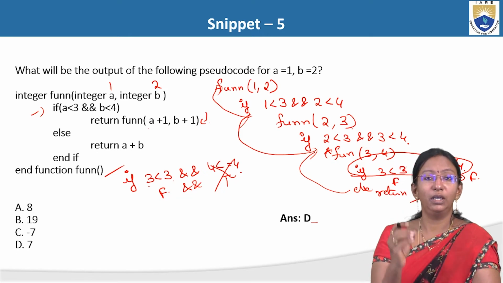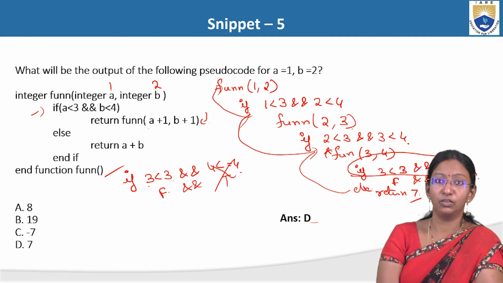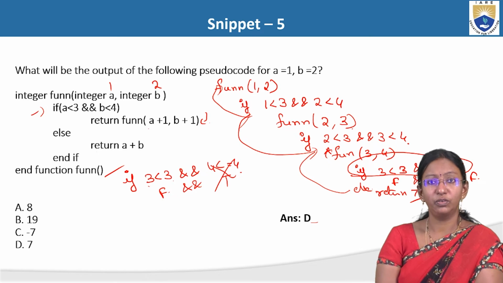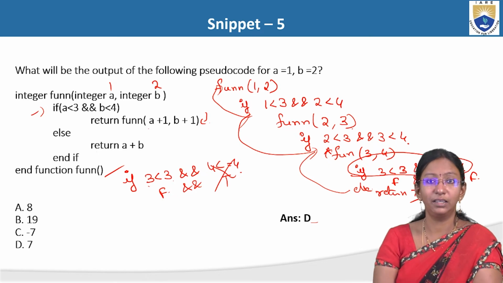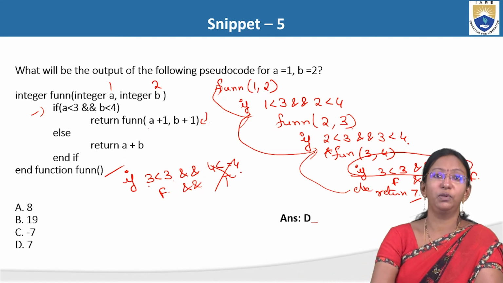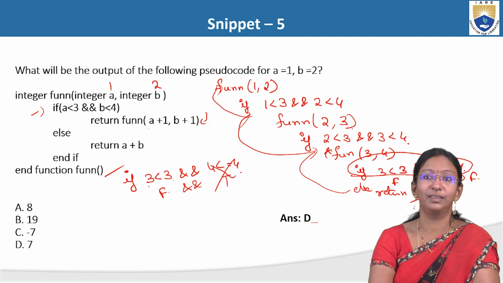So in logical AND operators, if it is concatenated between more than one condition, at any ith condition, if it is false, the i plus 1th conditions will not be checked. This is the sub point in this one.